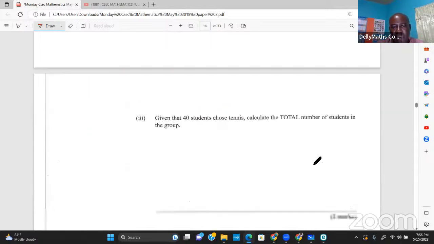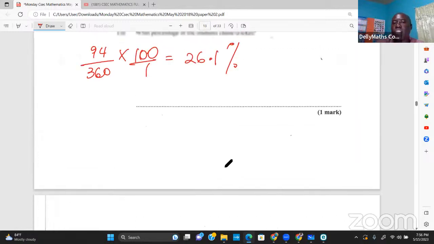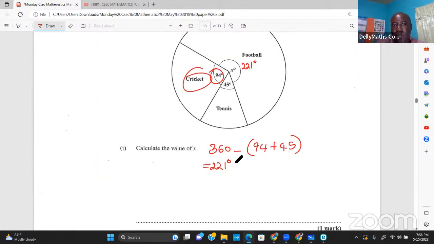A lot of 1 marks they're giving us. Given that 40 students chose tennis, calculate the total number of students in the group. 40 chose tennis. See there? 40 students. So there are 2 ways you can do this. Let's go down there and take a look.